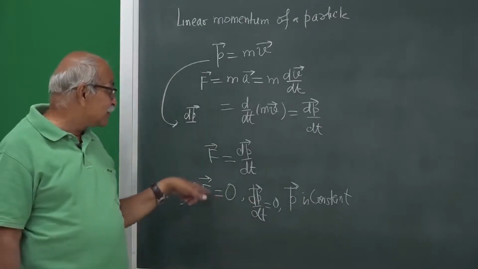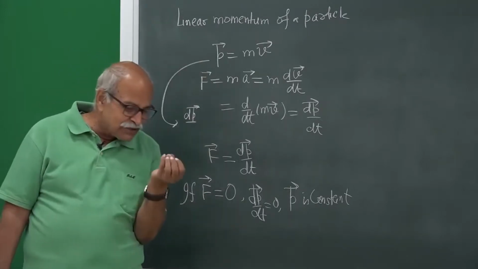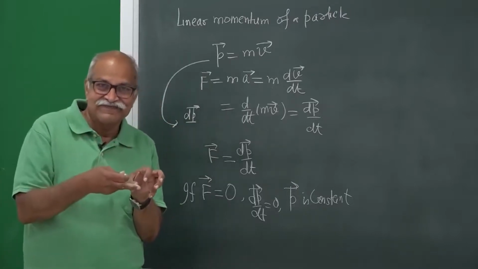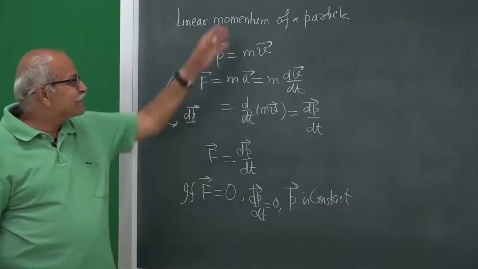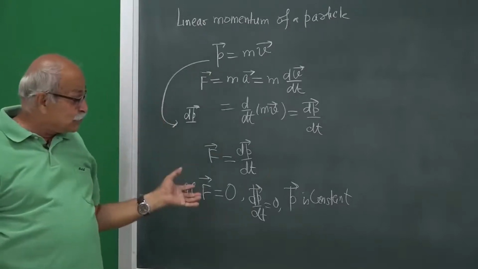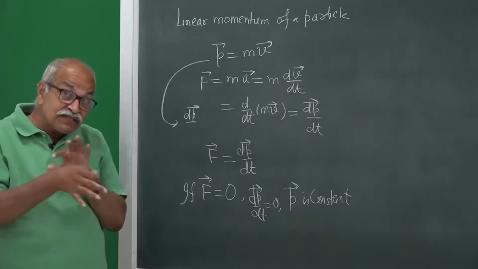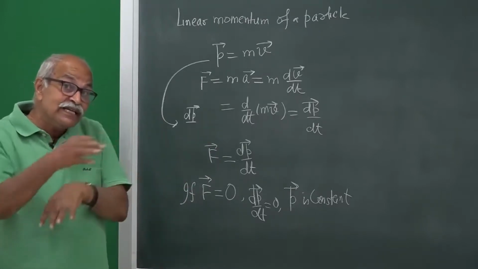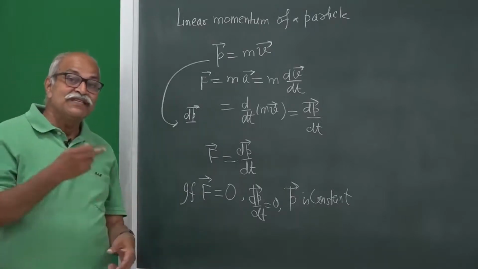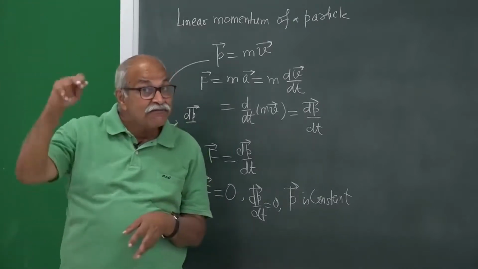So far I am not talking of external or internal forces. It is one particle and I am not interested in what is going on inside, so any force on it is external. But once you go to a system of particles, where different parts of the system can exert forces on each other, those are called internal forces, and any force coming from something other than the system is an external force.